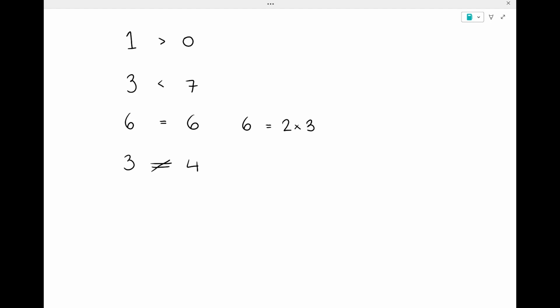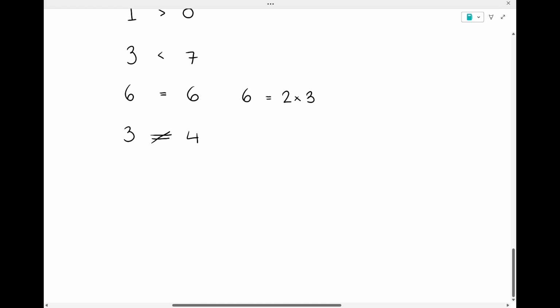Now, the final two examples can cause some confusion. 1 is greater than or equal to minus 1. Now, just the greater than sign would be appropriate here, but this one also works.